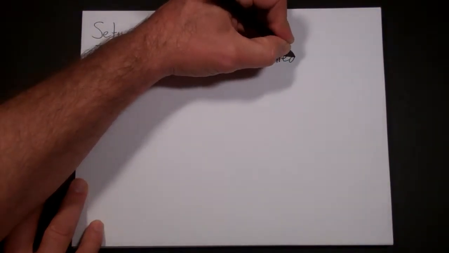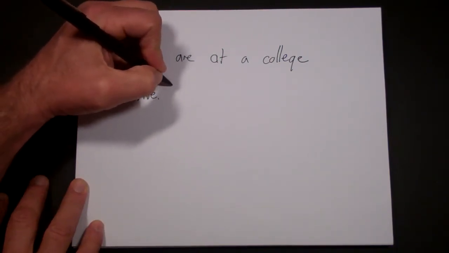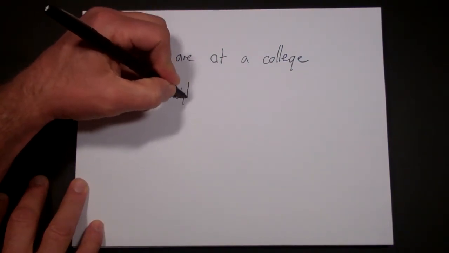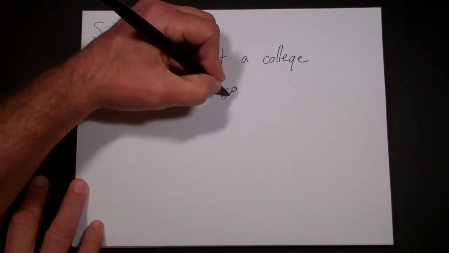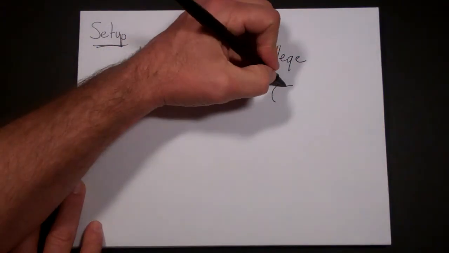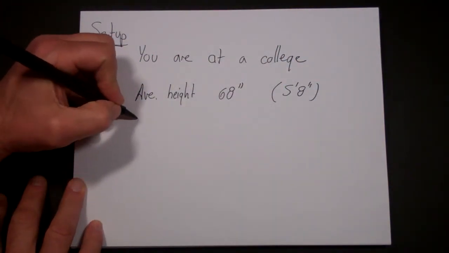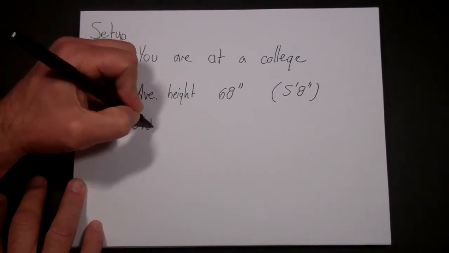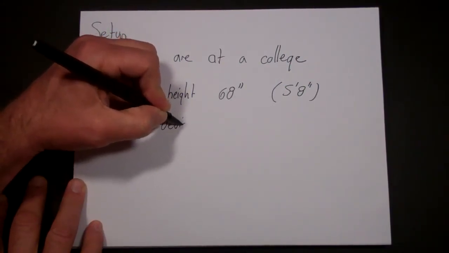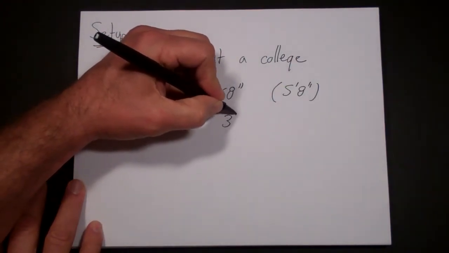And at this college, the average height of students is 68 inches, or let's see, that would be 5'8". And let's say that the standard deviation of height of students at this school is going to be 3 inches.